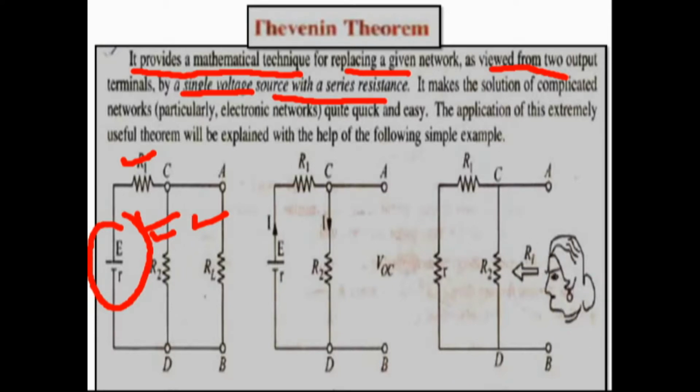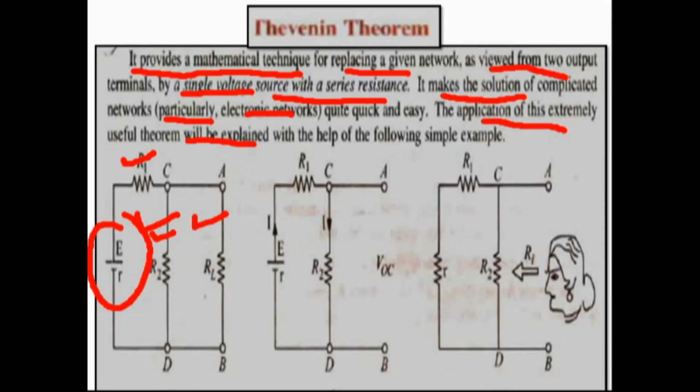Both will be connected in series, and that will be the equivalent diagram of Thevenin's theorem. It makes the solution of complicated networks, particularly electronic networks, quite quick and easy. The application of this extremely useful theorem will be explained with the help of the following simple example.